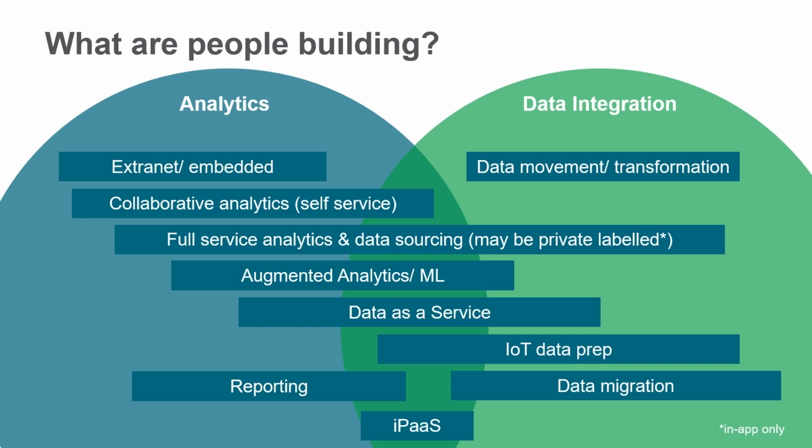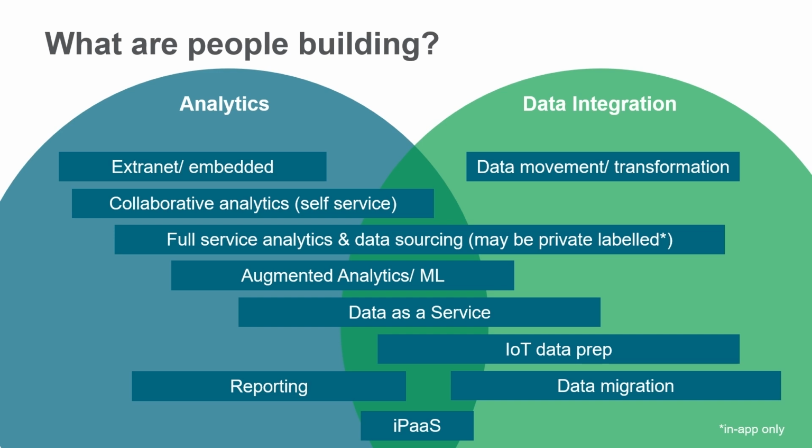You've got the full service analytics, which are traditionally more using the whole hub, the whole client experience, but we do obviously have some private labeling, white labeling options already today, and of course that's an area that we're focusing on within the platform. You've got augmented and AutoML, so some interesting use cases here around chatbots via ML APIs, ML via AutoML, and this could be for supply chain inventory solutions or other use cases.